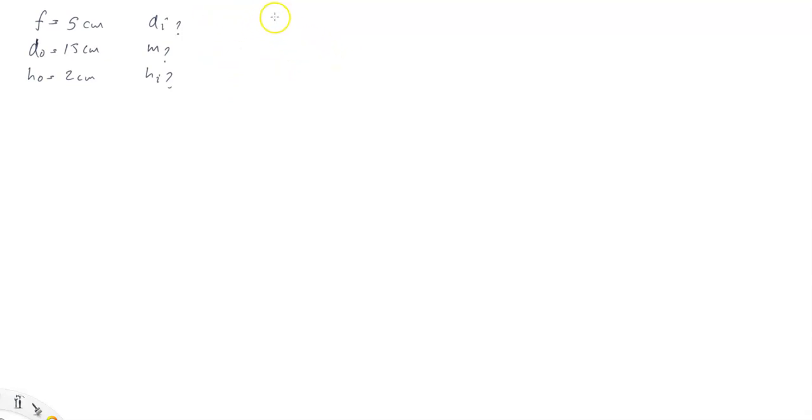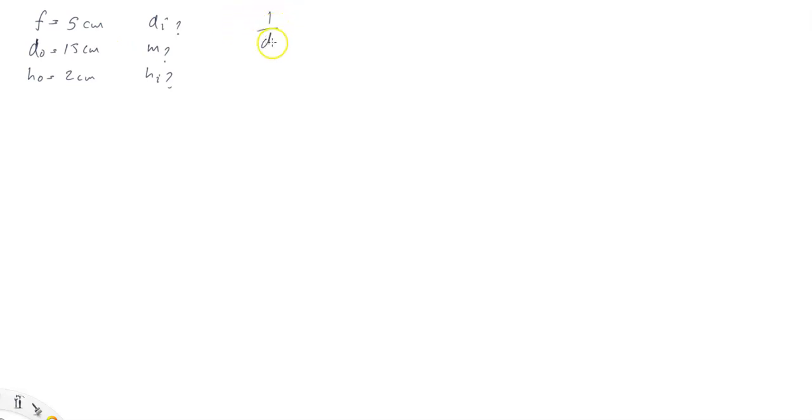Okay, all right. So you have a concave mirror and there's an object in front of it, asking where the image is. By looking at these numbers, you can make a good guess. It's going to be a real upside down image. Bigger or small, we don't know. We'll figure it out. I think it's small.